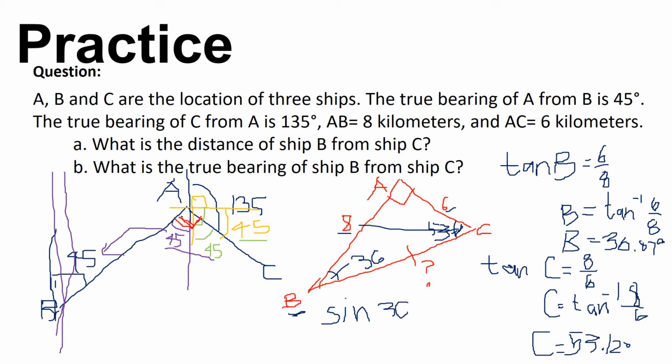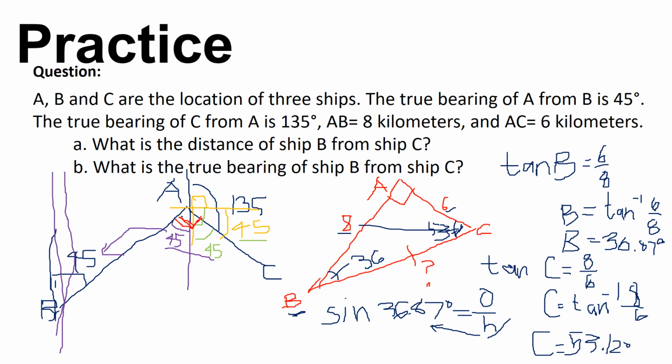Sine 36 is equal to opposite over hypotenuse. We are looking for the hypotenuse, so we transpose the hypotenuse and sine.